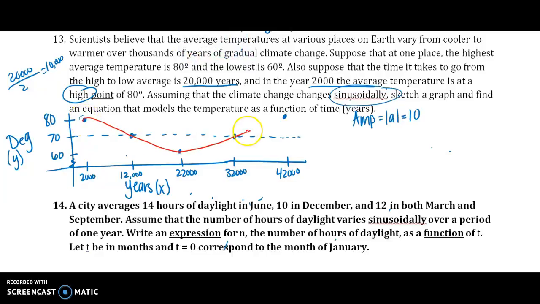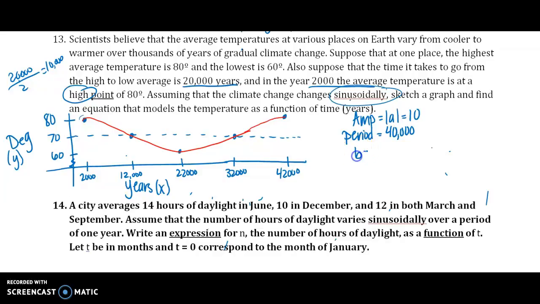So I've got this function here. Okay. So we already said the amplitude was 10. And looking at the period, if it starts at 2,000 and we see it ends at 42,000, the period, if I take 42,000 minus the 2,000, you should get 40,000 years.